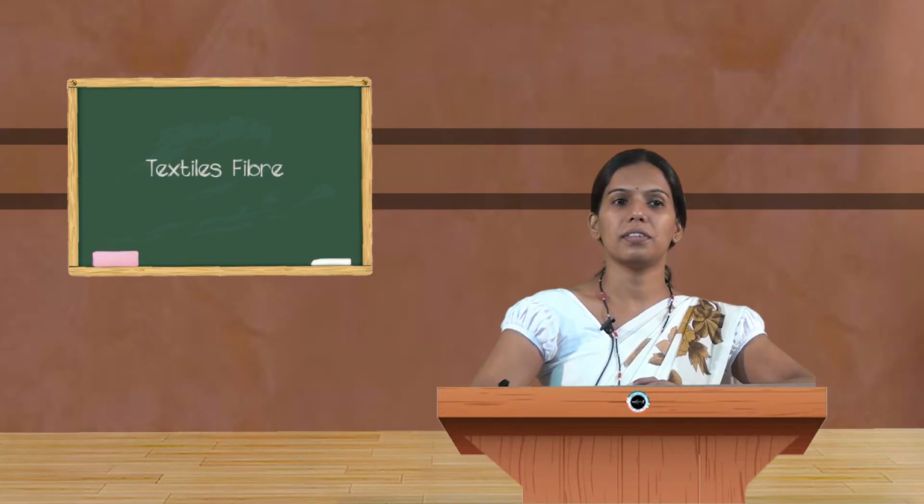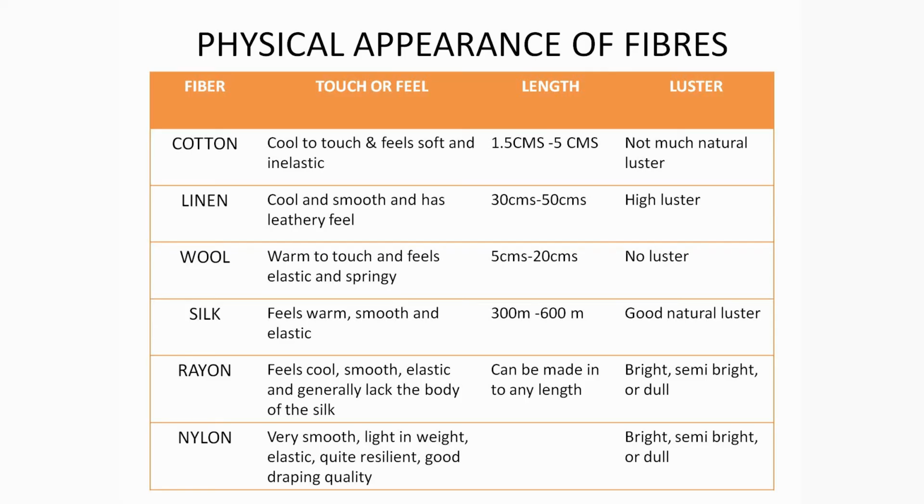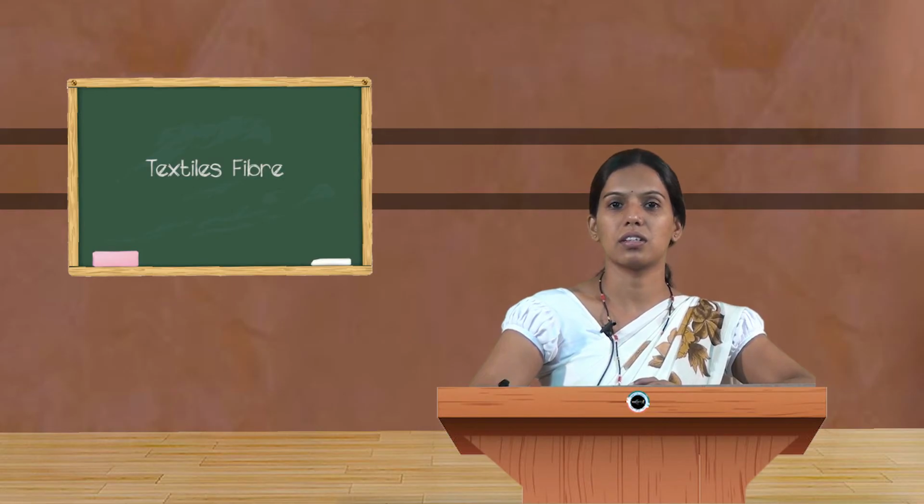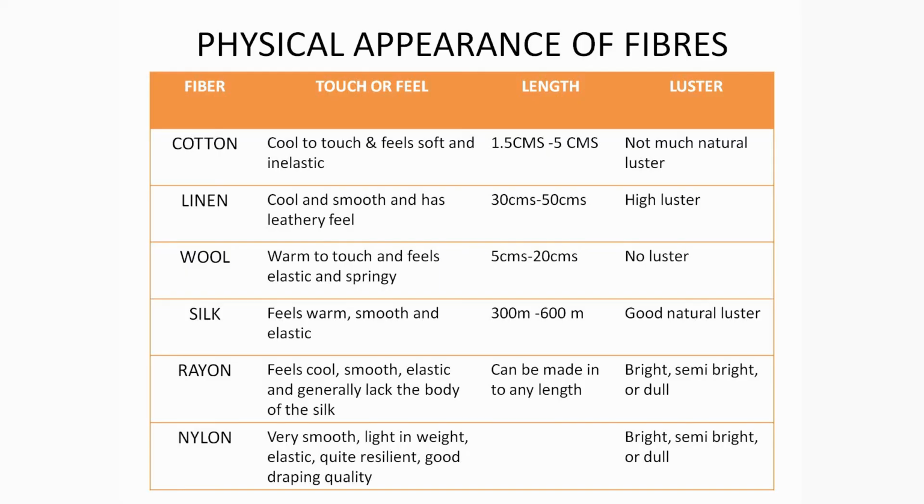The next fiber is linen. Linen is cool to touch and smooth and has a leathery feel. The length of the linen fiber is about 30 centimeters to 50 centimeters naturally. And it has very high luster. And next fiber is wool.